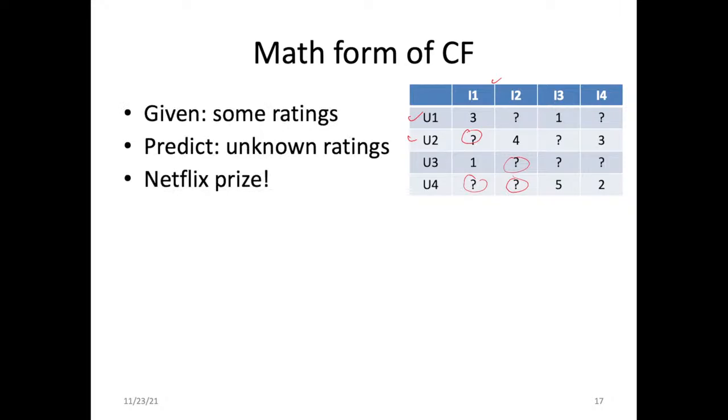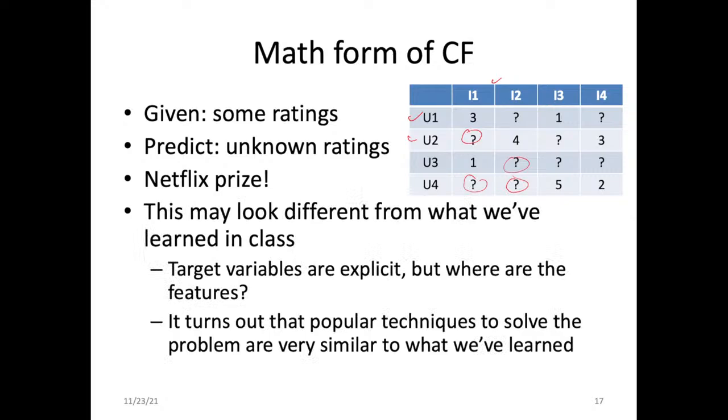This is exactly the setting of the Netflix prize. And if I ask you how to make the prediction, what will you do? Let me pause for 5 seconds. If I give you this problem, how can you solve it?